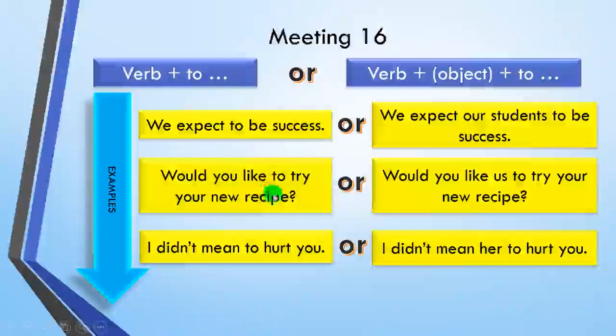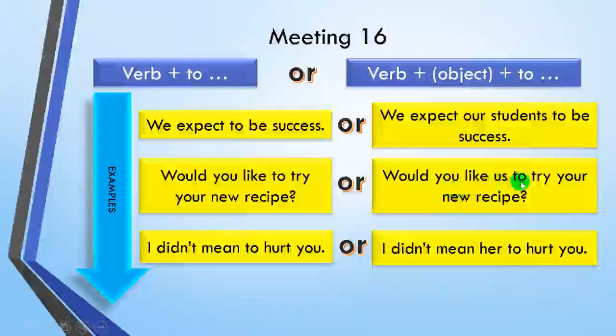Would you like to try your new recipe? So it means that the other person has the new recipe. We are the one who makes the recipe, and we ask the person who created this recipe to try it by himself or herself.